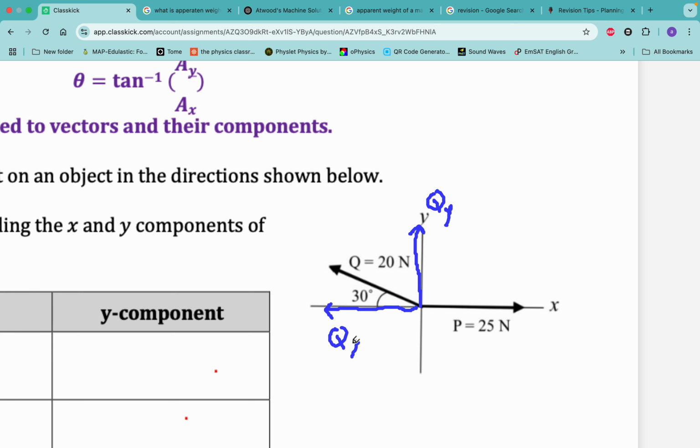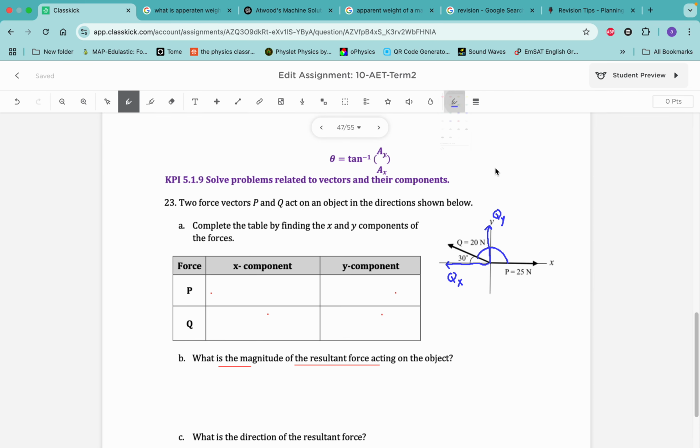But which angle will be used? We're always using the angle with the positive x. So we need to find this angle. Easy, because the total angle here is 180, so 180 minus 30 gives 150. So this is the angle that will be used.